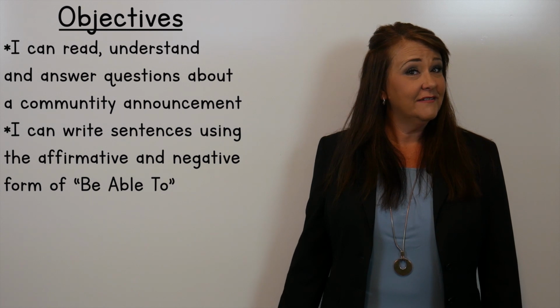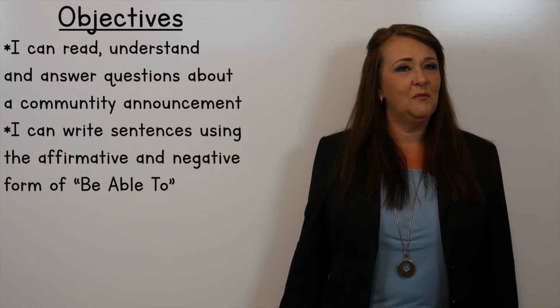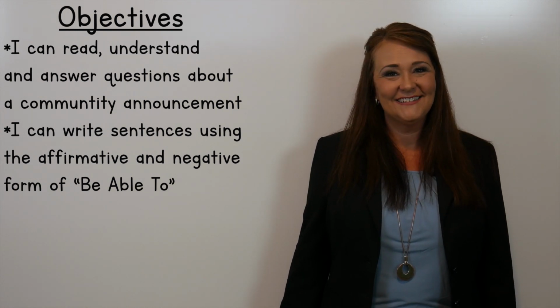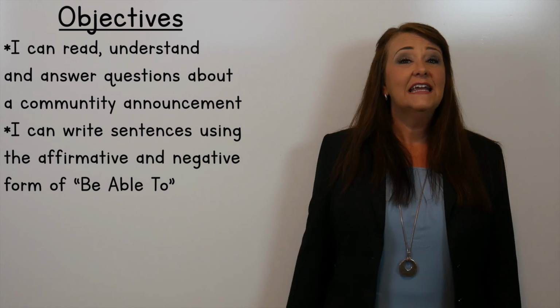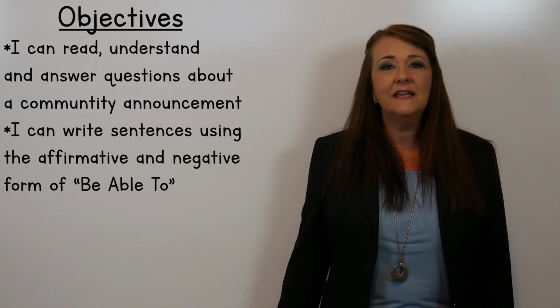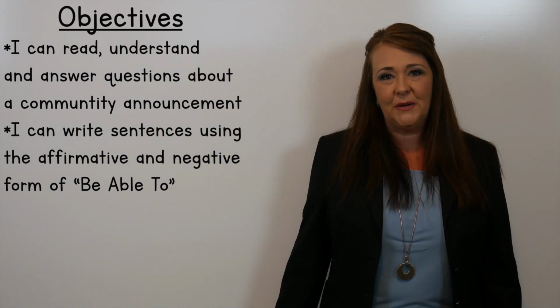Can you read, understand, and answer questions about a community announcement? We had some practice with that. And can you recognize sentences that use the affirmative and the negative form of be able to? It was short and sweet, but we did that too.